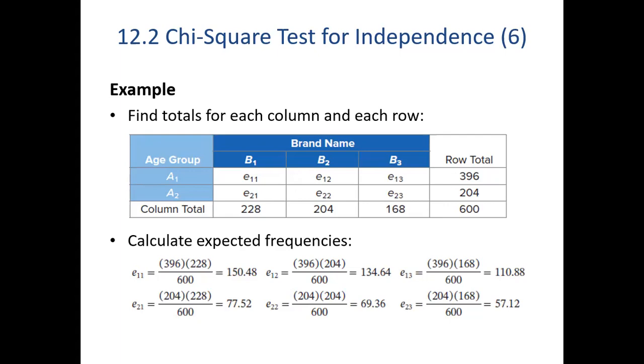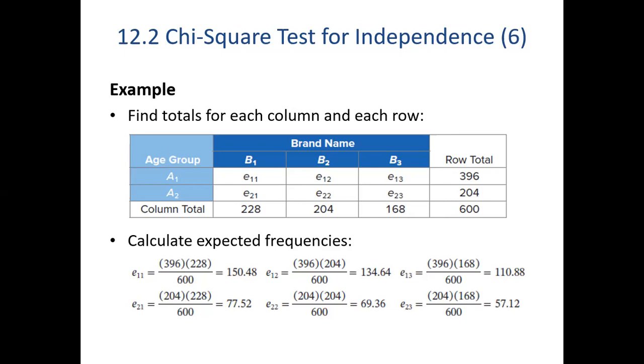Now go to the second row. Expected value first column is 77.52, second row second column is 69.36, and second row third column 57.12. So you enter those values for matrix B.